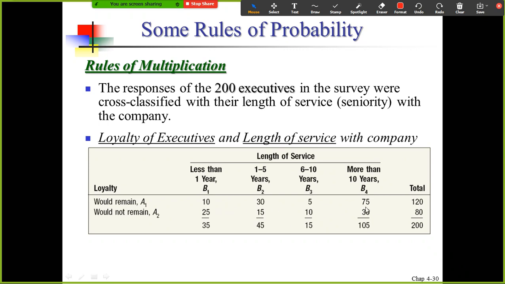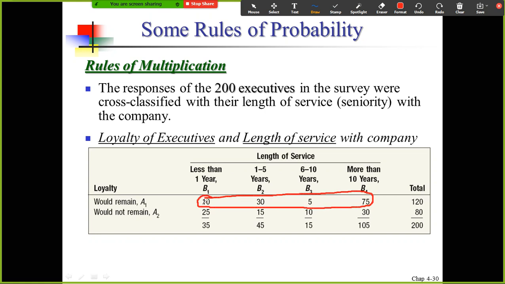This is among the executives who say that they will stay in the same company.